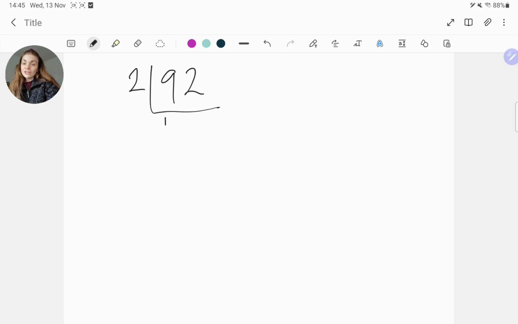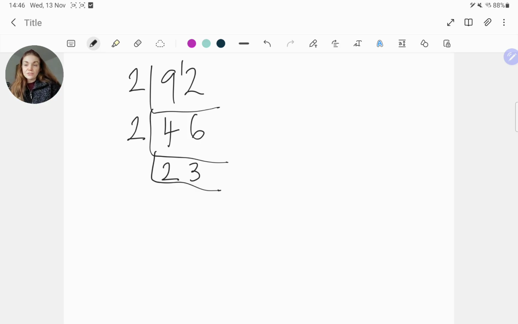2 into 9 goes 4 times because 2 4s are 8, remainder 1. 2 into 12 goes 6. Does 2 go again? Yep, because it's an even number. So 2 into 4 goes twice, and 2 into 6 goes 3. Can 2 go again? No, because 23 is an odd number. Does 3 go into 23?